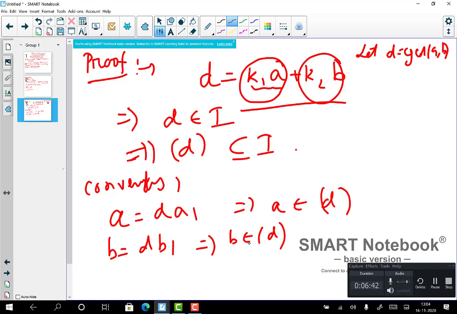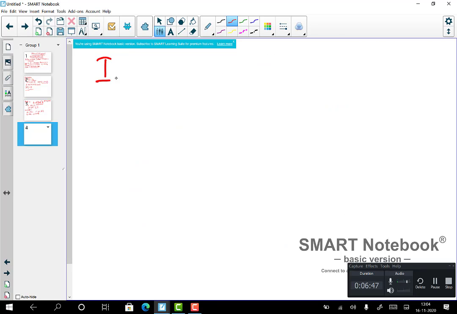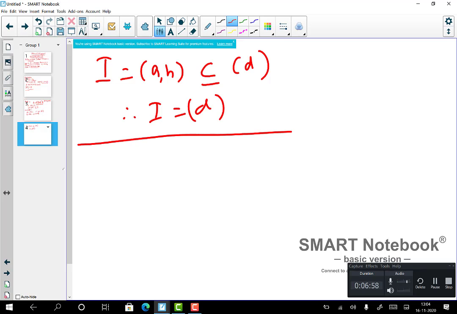And once A and B belong to that, then I, the ideal generated by A and B, is also a subset of it, and then they are equal, right? So you have an element, the greatest common divisor, that generates the full ideal.